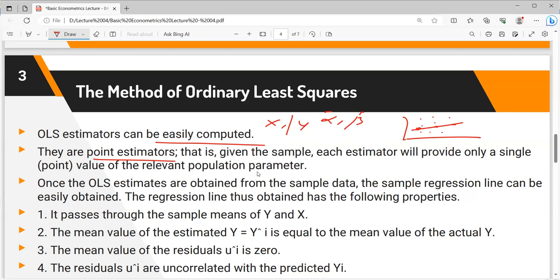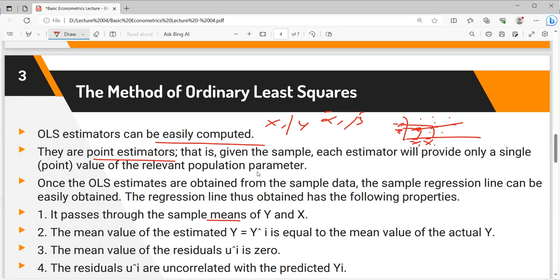This regression line has some properties of its own. Like this line passes through the mean values, a combination of mean values: this is X bar, suppose X1 bar, X2 bar, and this is Y1 bar, Y2 bar.